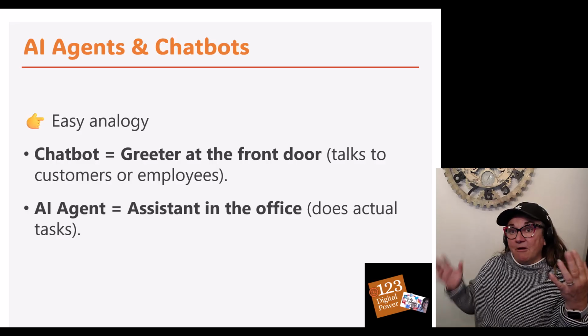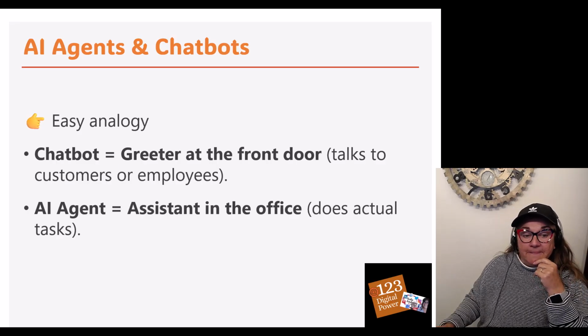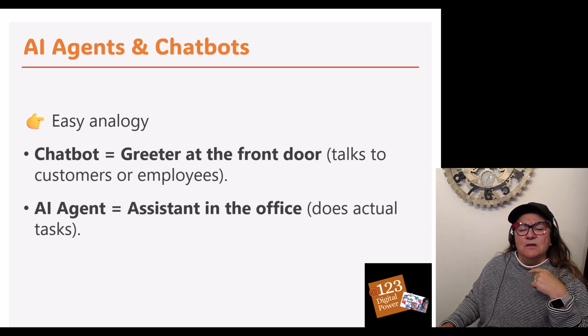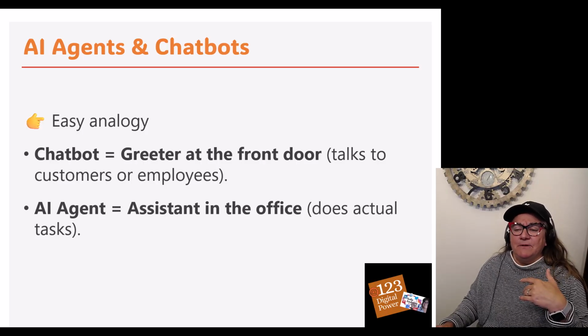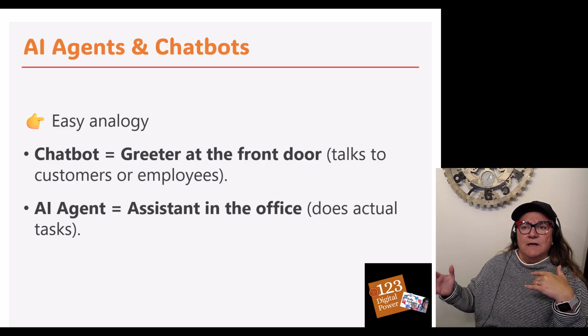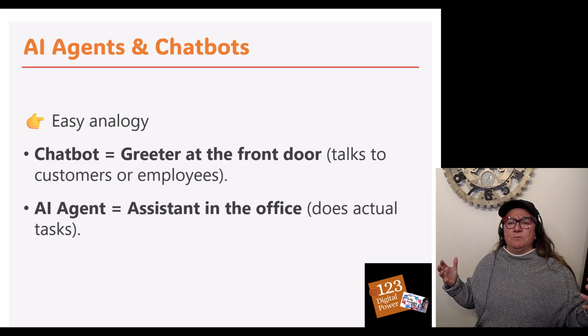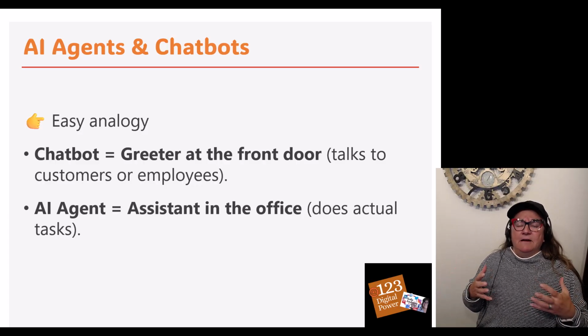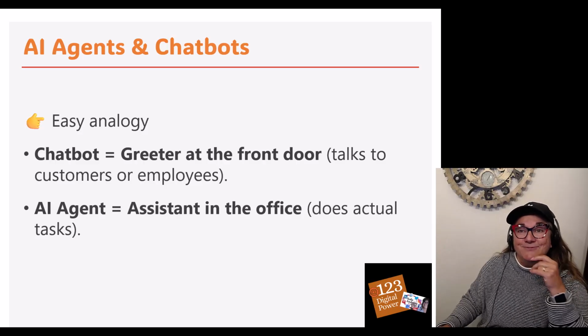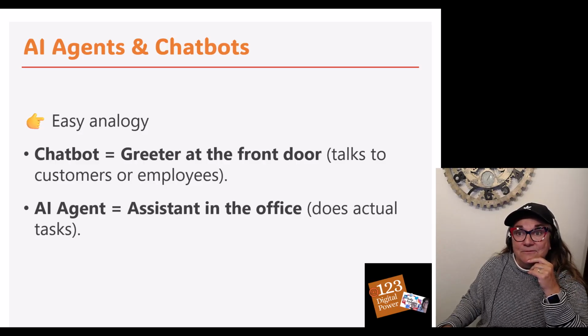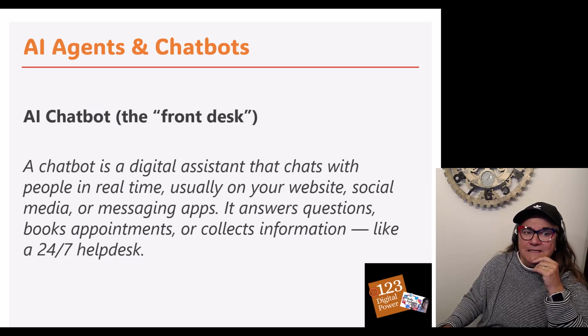So we talk about a front desk experience. And then the AI agent, what's that? That's basically your people in the office, your back end activity that's happening. So some people will describe it as AI as a chatbot, but AI agents have the arms and legs where they can go into your files and return emails and things like that.